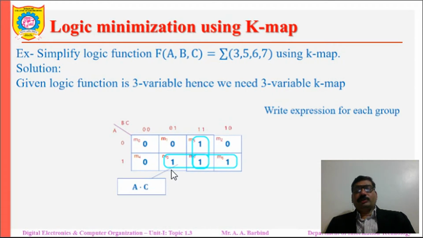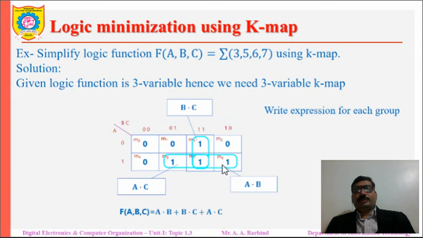The expression for this will be A is 1 here, then B is changing, C is constant, so AC. Expression for this is BC, A is changing, B and C are constant, so BC. For this, the A is constant 1, and amongst BC, the B is constant, it is 1, and C is changing, so it will be AB.